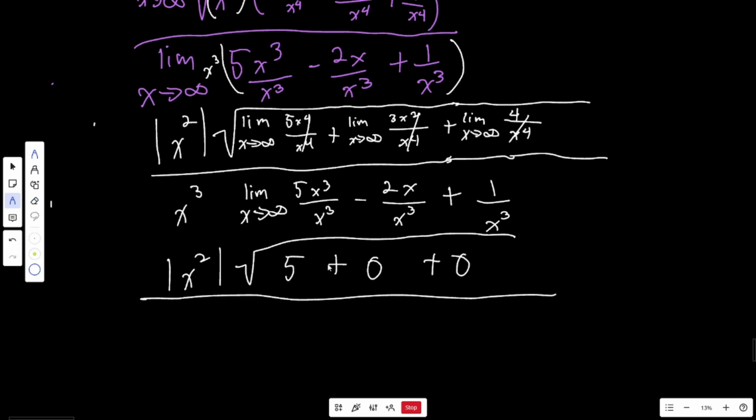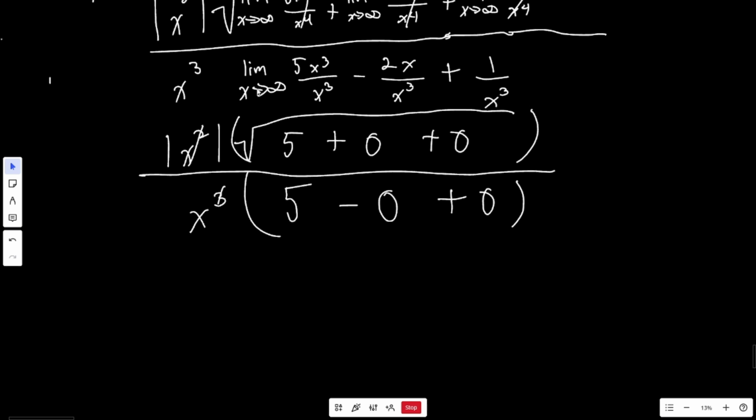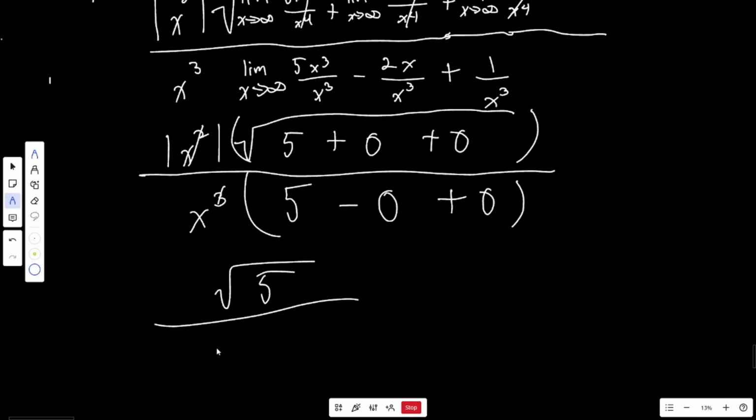Okay, there. 5 minus 0 plus 0 times x cubed. Okay, there. These are also multiplied. So we can actually cancel this out. We'll be left with 1 over x here. And we'll get the square root of 5 over x times 5.